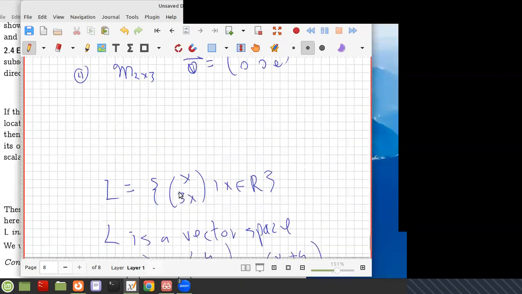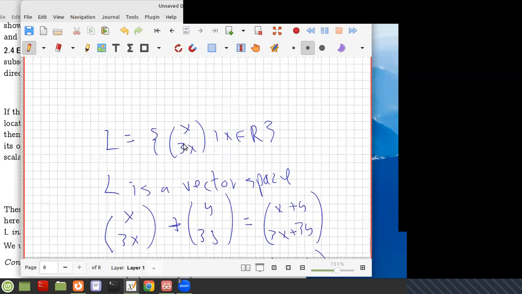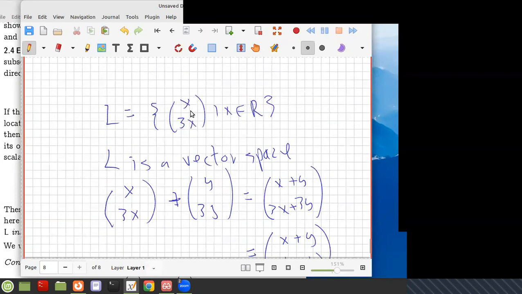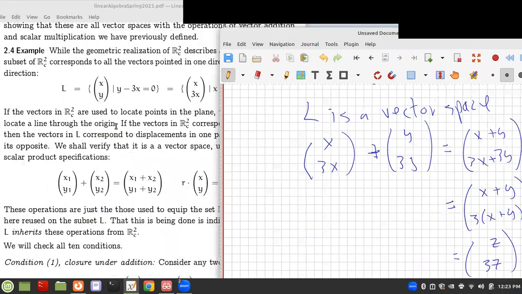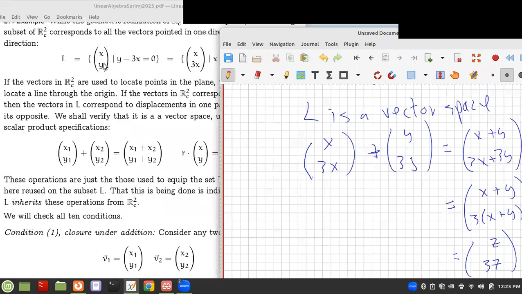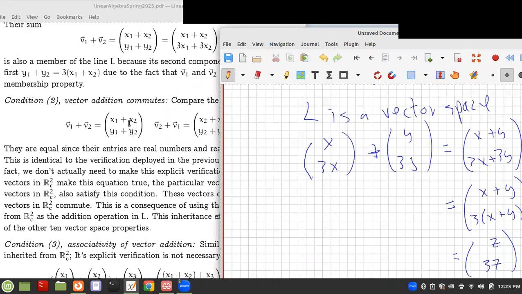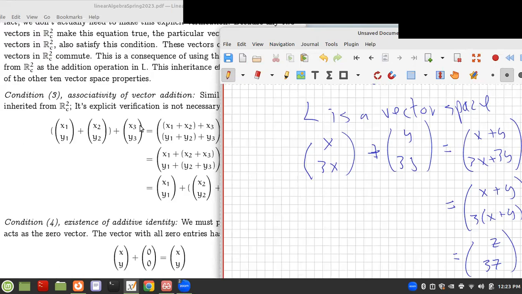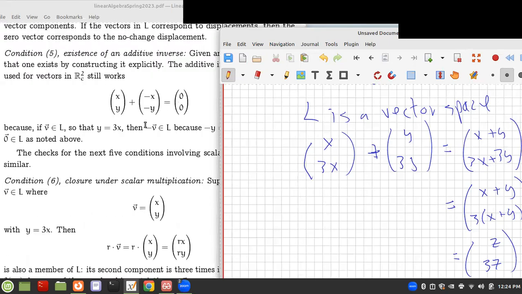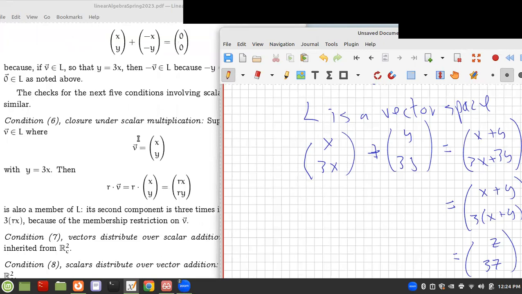So addition works. Now, you don't really have to check all the other properties because these are already two-dimensional vectors. So we know they commute, we know they're associative, and also it includes the zero vector because zero is in here, right? So the place where this is interesting is when we have solution spaces like this and they're vector spaces. And it goes through, laboriously or tediously, through each of those properties and shows you that those all exist for this space.